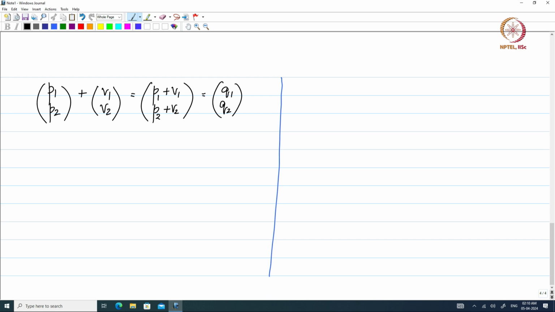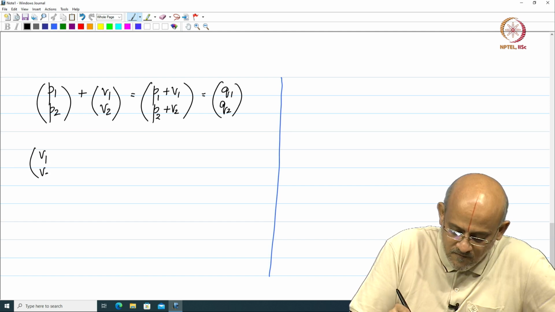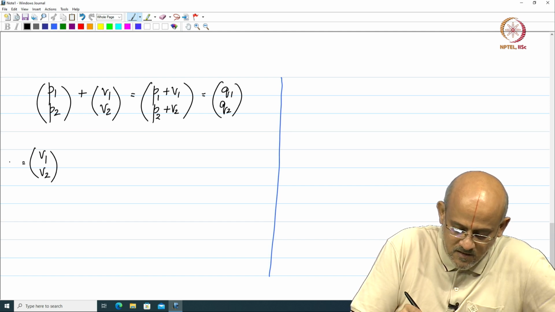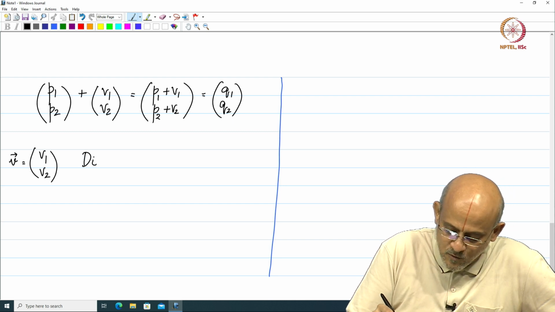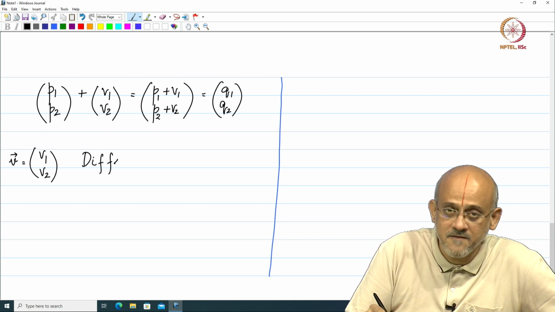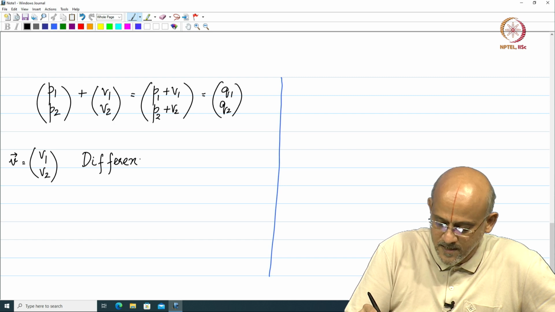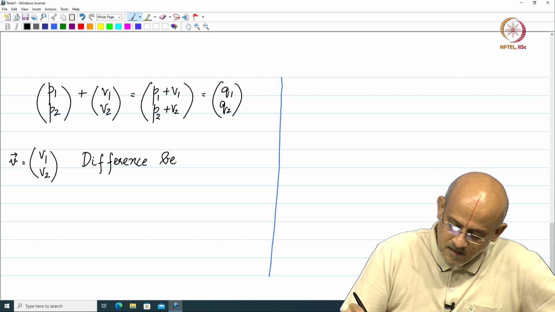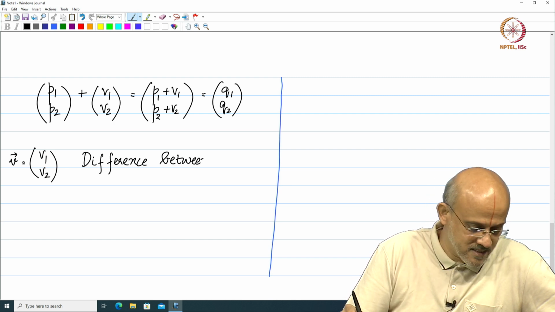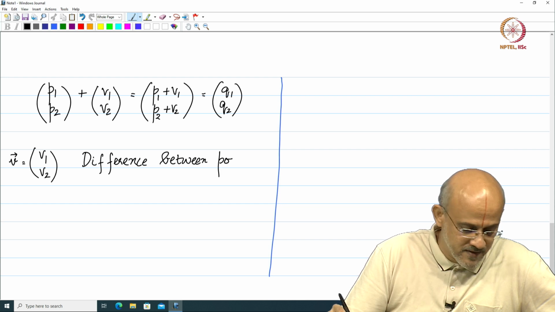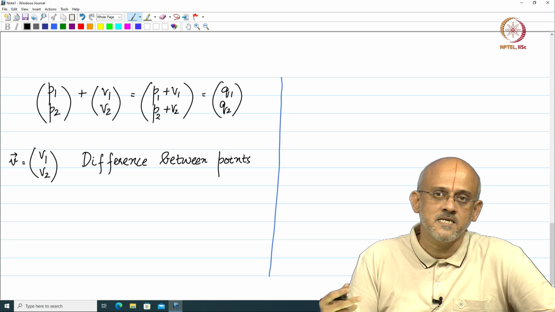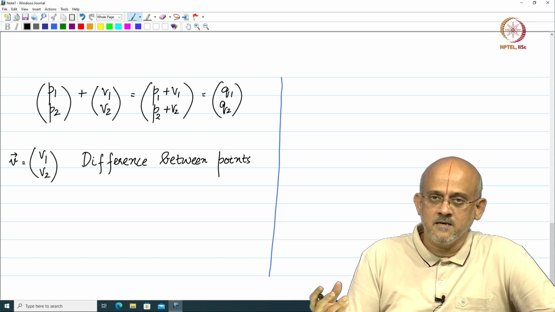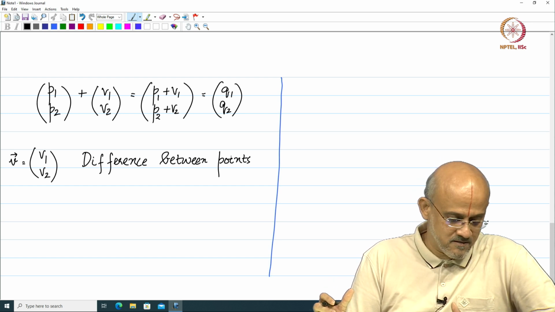So what we see is this V1 V2, which I will notate as V, is basically a difference between 2 points. And what is interesting is it is not just a difference between 2 points. It also describes a direction and a distance, or a displacement.